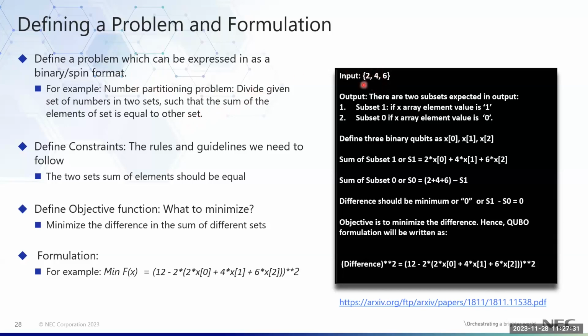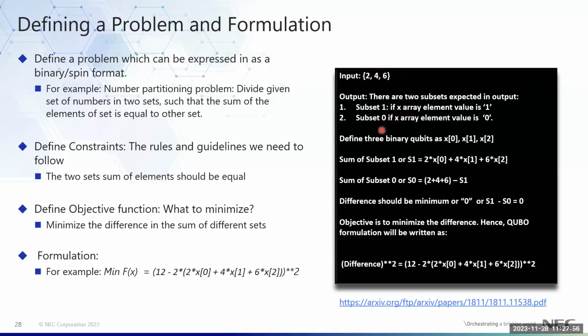So you've been given 2, 4, and 6, and you have to break this set down in a way that the sum of the first subset is equal to the sum of the second subset. It's such a small problem that we can see that 2 plus 4 is equal to 6. So our intended solution would be a subset of 2, 4, and the other subset with 6.